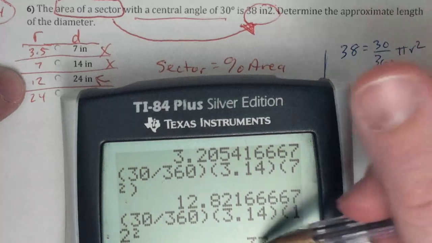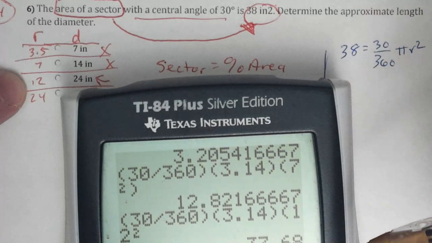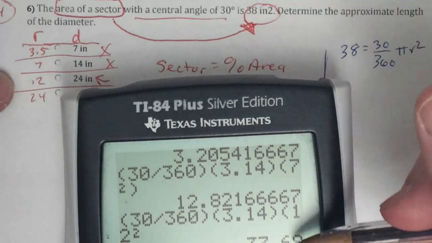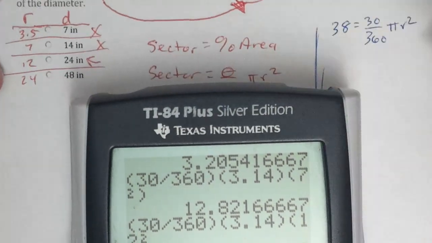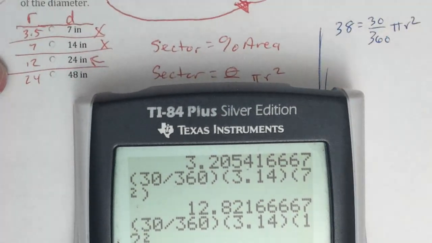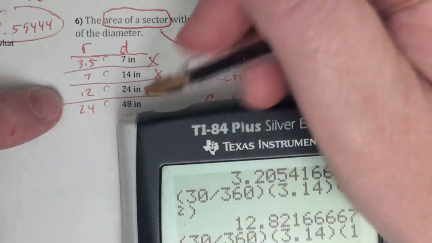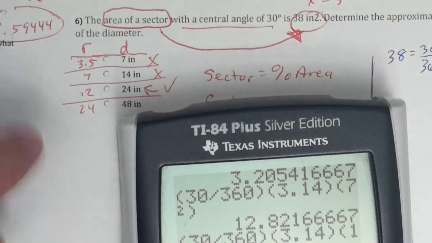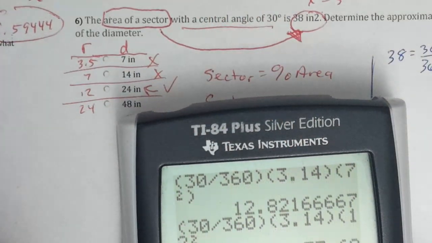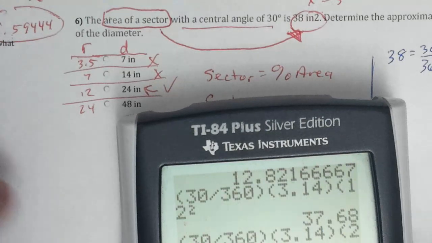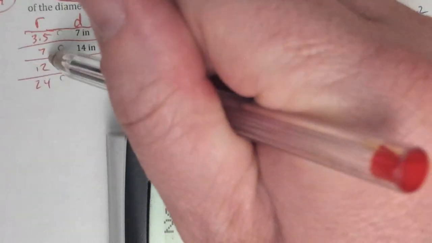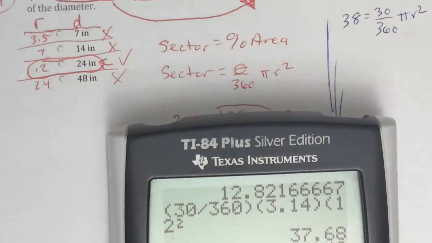I would get 37.68, which is really close to 38, isn't it? So that probably works. And how about if I plugged in 24? So 24 squared. I would get 150. So that's definitely not 38, so that doesn't work. So the only one that worked was this right here.